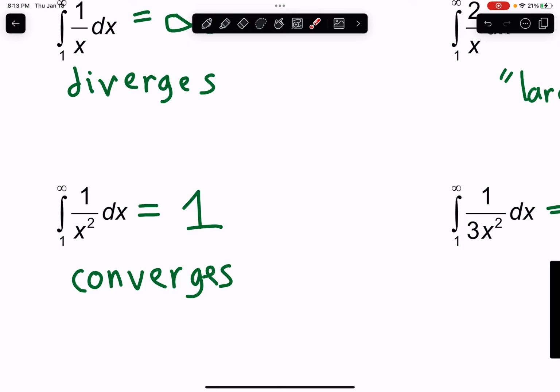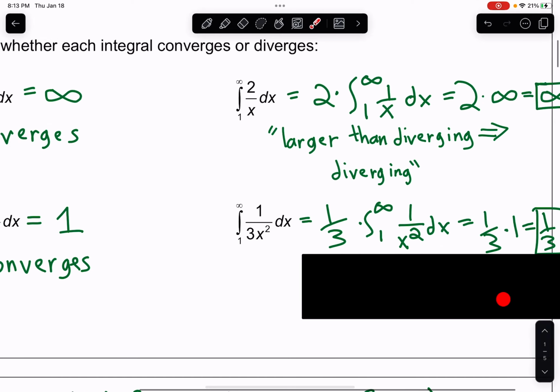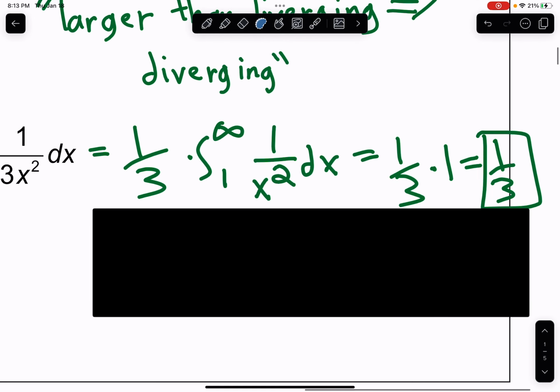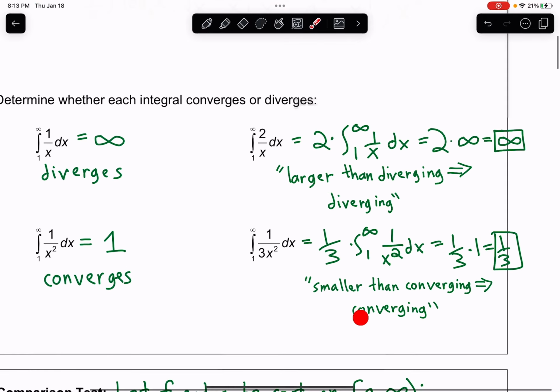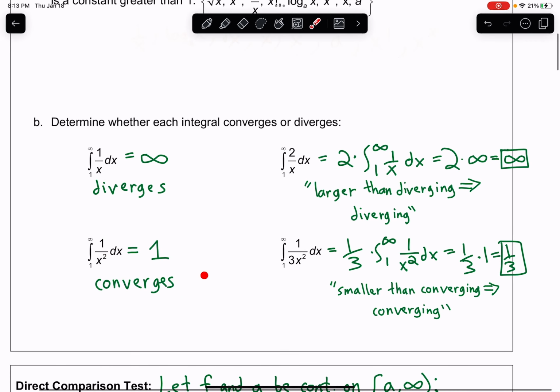Maybe not at certain values, but remember, x is going to infinity, so this is definitely getting smaller as x approaches infinity, because the 3 is in the denominator. Anytime I am asked about the integral of a function that is smaller than an integral that I know converges, well, then that one must also converge. And that's the basic idea here, okay?